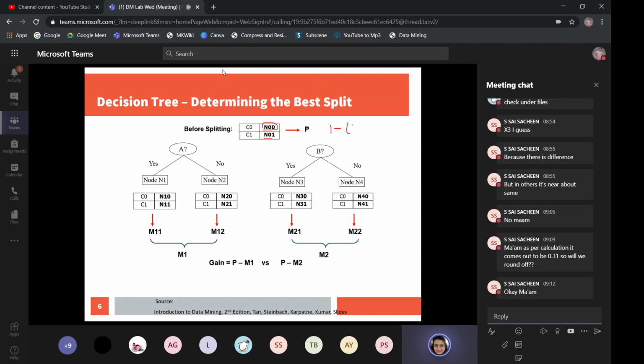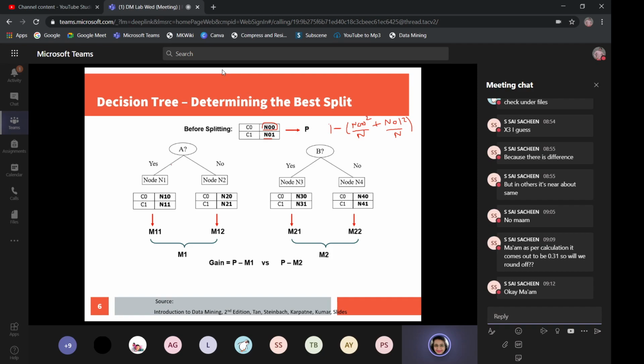It was 1 minus (n0 divided by n, where I am assuming there are n records) plus (n1 divided by n), and I think it was a square. So this was the Gini index, your impurity measure.